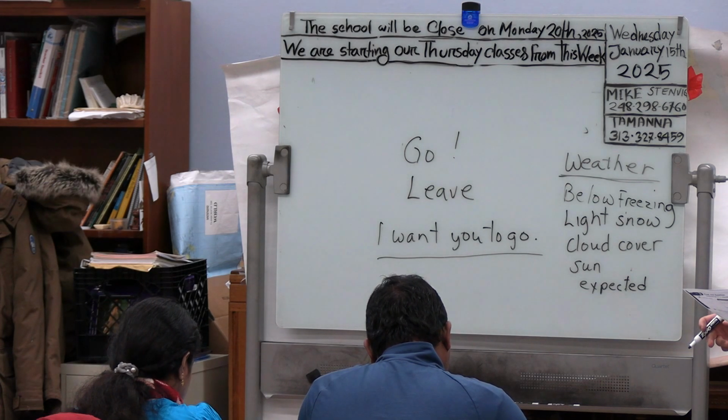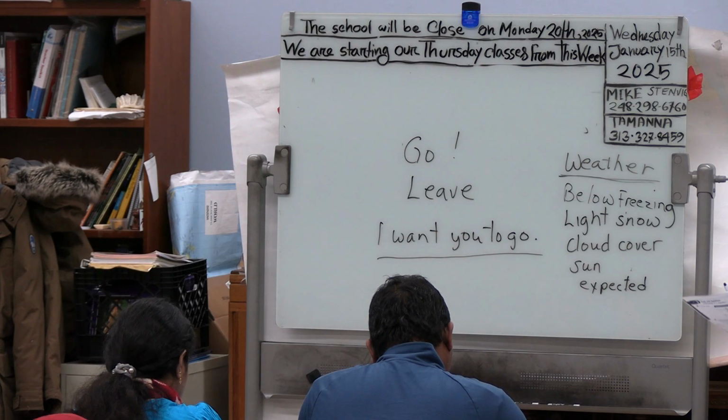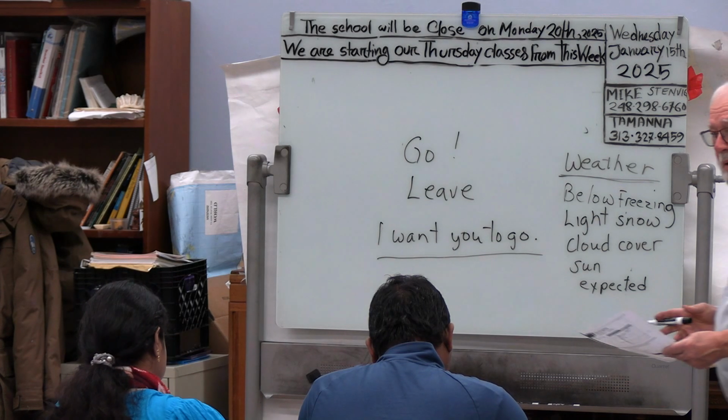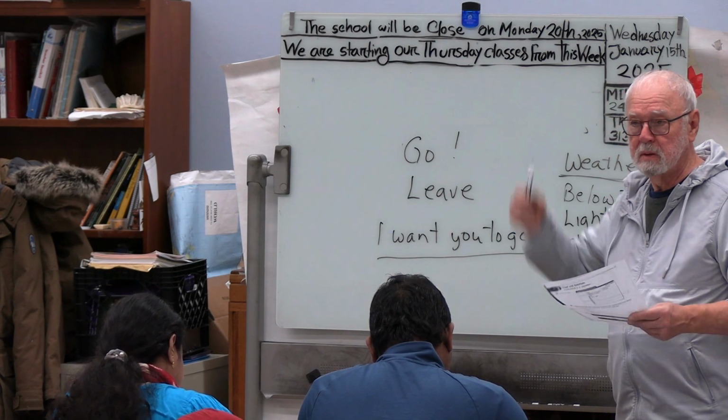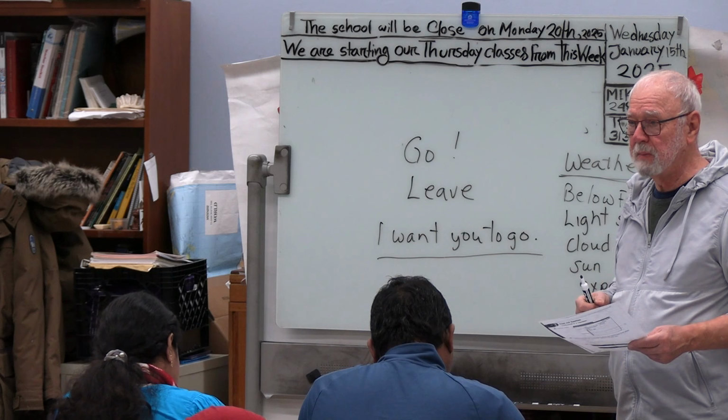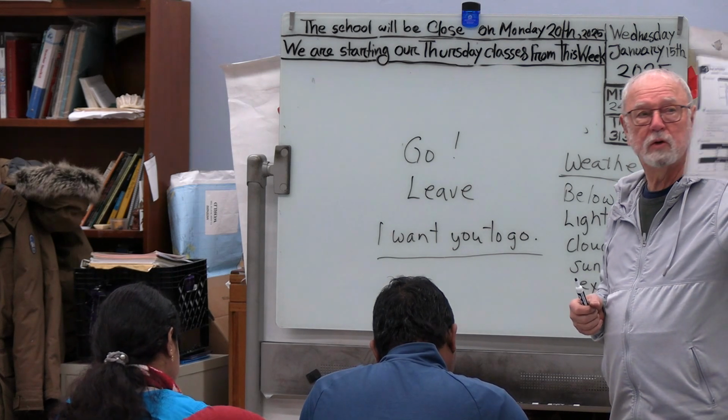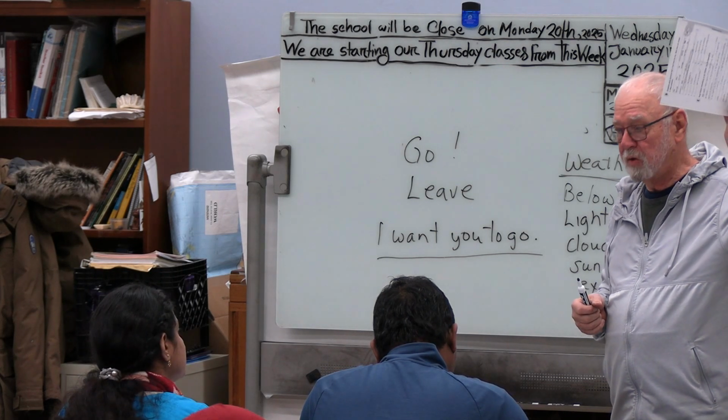And if you finish that, use the imperatives for part E. Do this on your own. If you have questions, holler, say something. Try to do page 39.